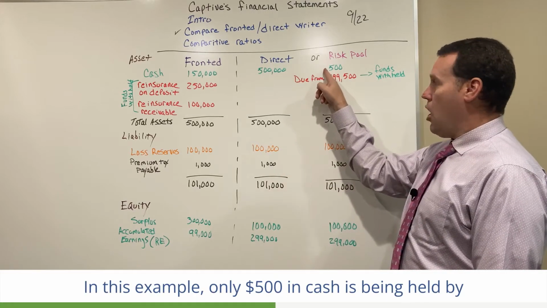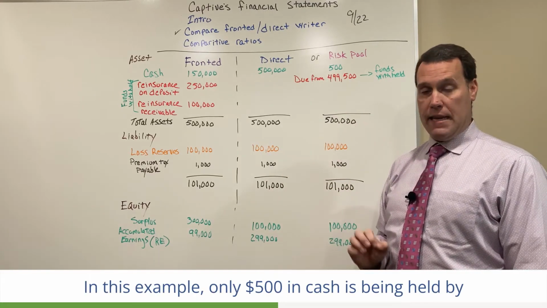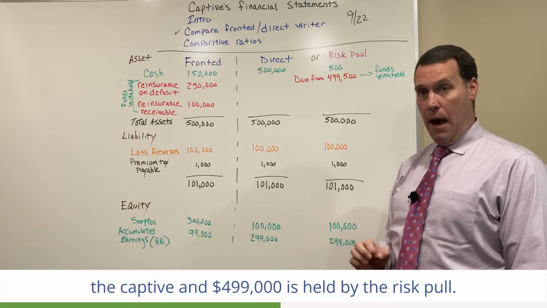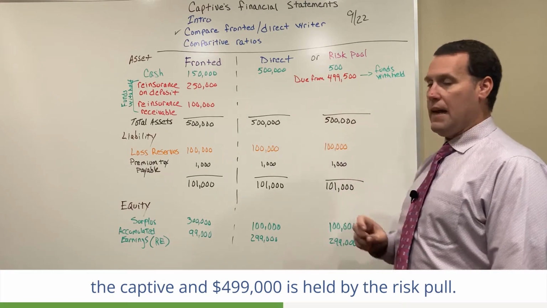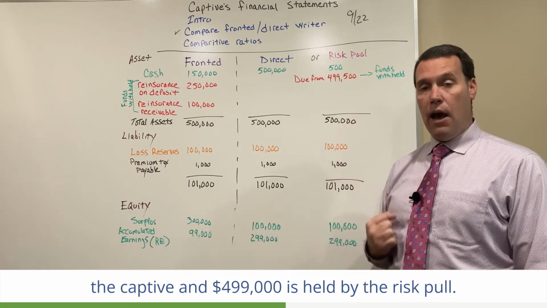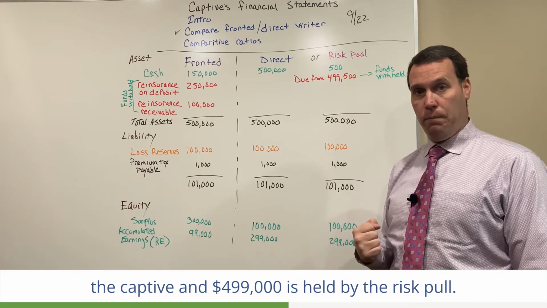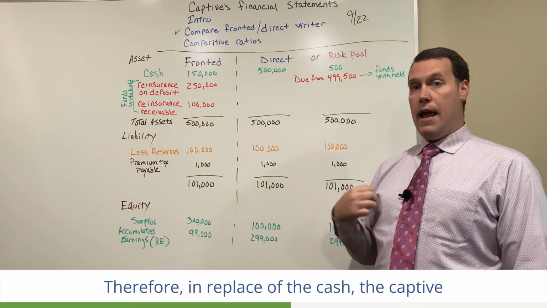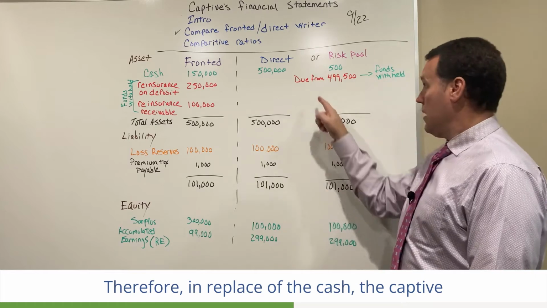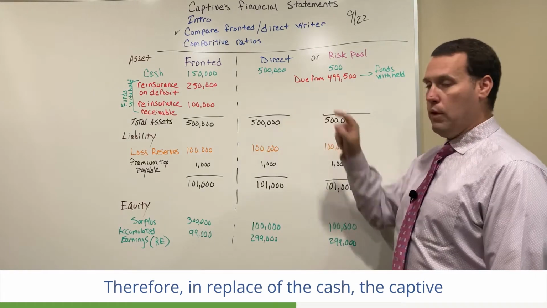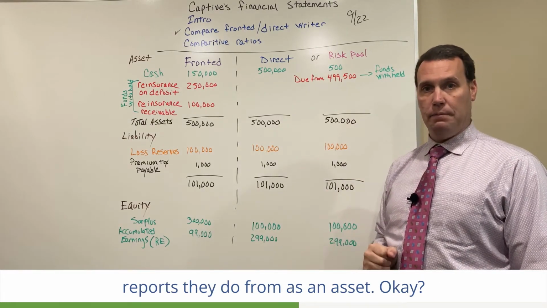In this example, only $500 in cash is being held by the captive, and $499,000 is held by the risk pool. Therefore, in place of the cash, the captive reports a due from as an asset.